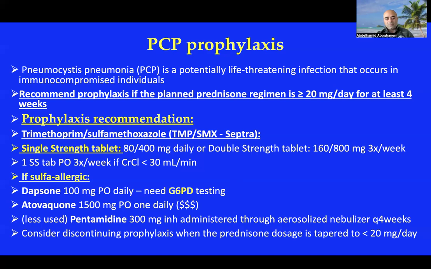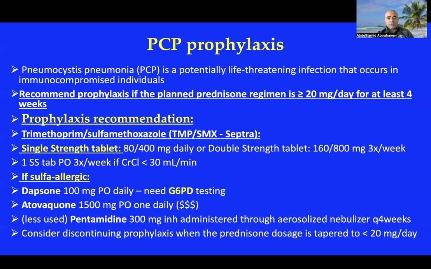We are giving most of our patients Septra, trimethoprim and sulfamethoxazole, if not allergic. Some centers give it for 1 year, and now Toronto General Hospital gives it forever, no stopping, because they saw horrible cases, especially post lung transplant with PCP pneumonia. In general nephrology, prophylaxis is recommended if prednisone is continued longer than 4 weeks at 20 milligram or more.